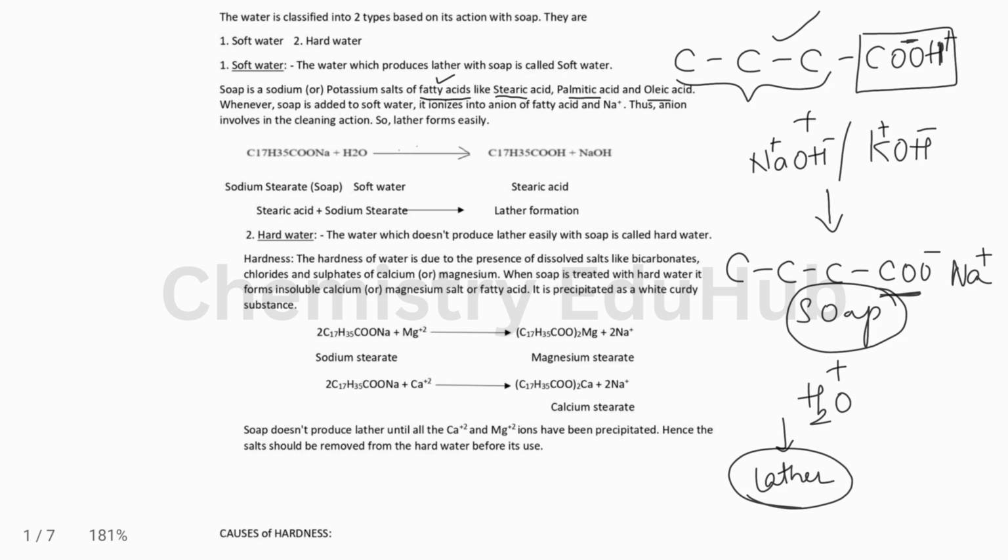So that will remove the dirt or the oil particles from the cloth or from the hands or from any surface. This is the soap formation, and the cleaning action involves whenever we use soap with the soft water. Now that will be absent when we use hard water with the soap.